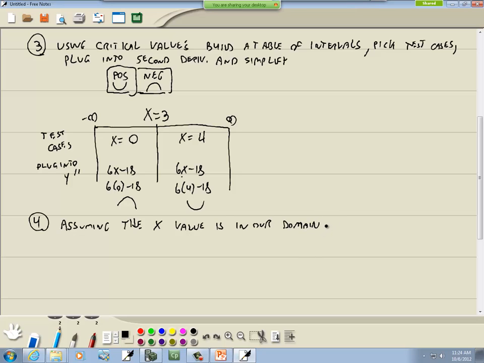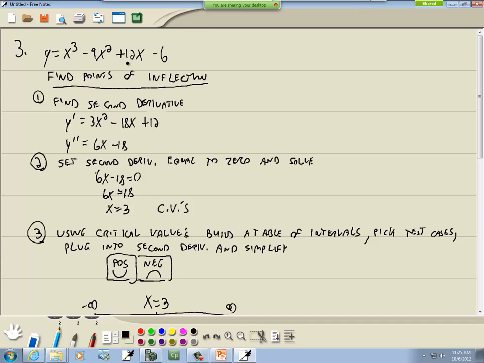Assuming the x value is in our domain, where the concavity changes is your point of inflection, your POI. So for this one here, this is concave down and it changes to concave up at 3. If I come up here, 3 is okay up here. The only time you're going to have problems is potentially where you have radicals or where you have fractions.